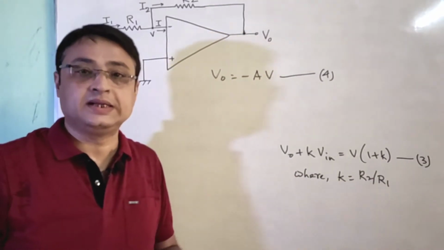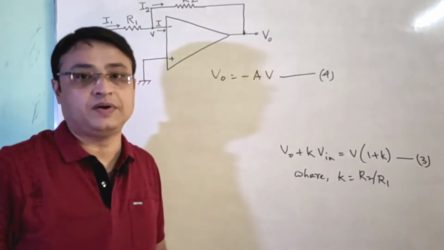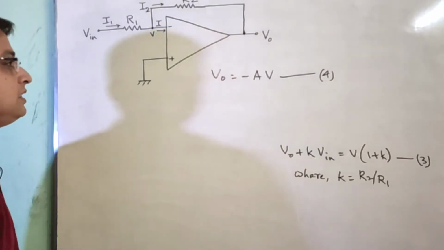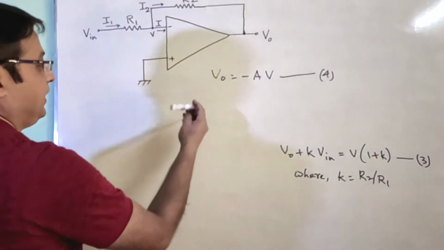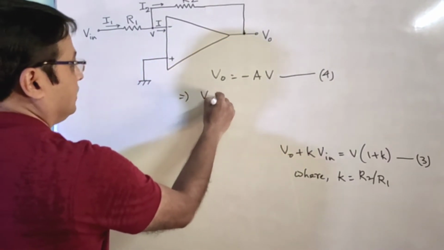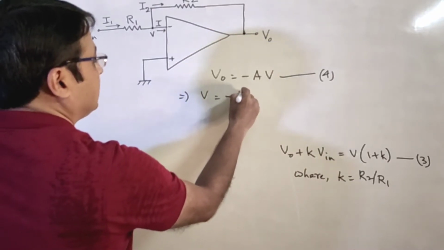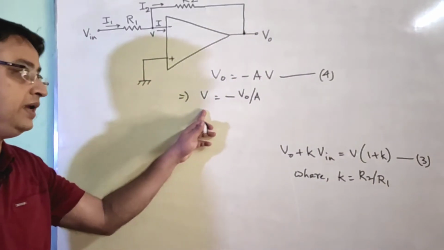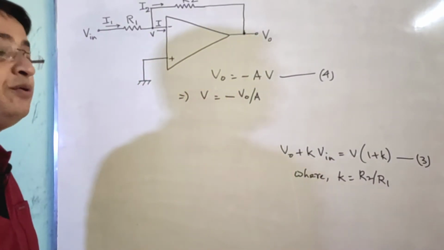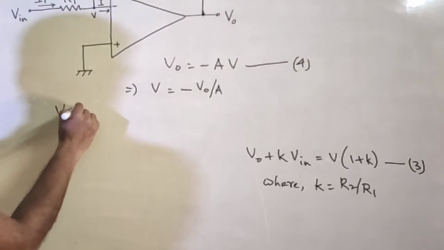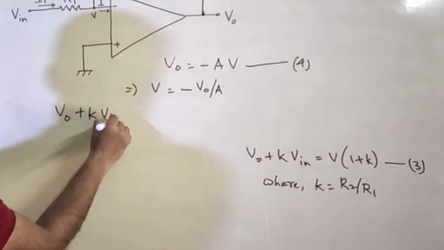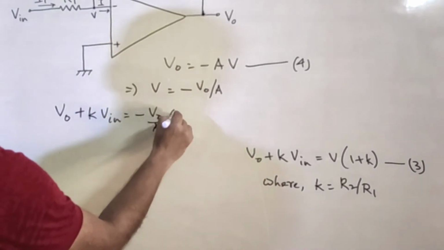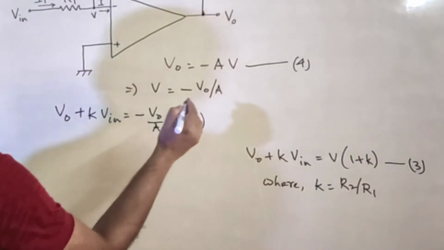Now if you are interested to find the transfer function of an inverting amplifier, we can proceed further. Find the value of V from equation 4, that is V equals minus V0 by A, and then substitute the value of V in equation 3, and we get V0 plus K into Vin equals minus V0 by A into (1 plus K).